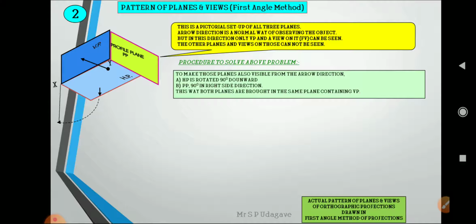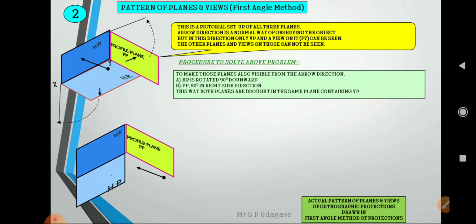So the HP is rotated by 90 degrees in the downward direction. And the profile plane is also rotated by 90 degrees to the side. This way both planes are brought into the same plane containing the VP, the vertical plane.